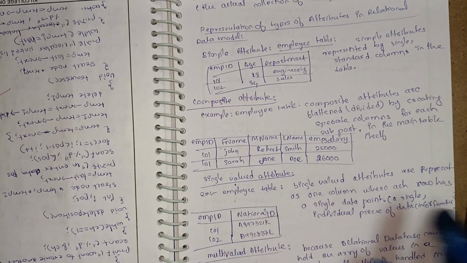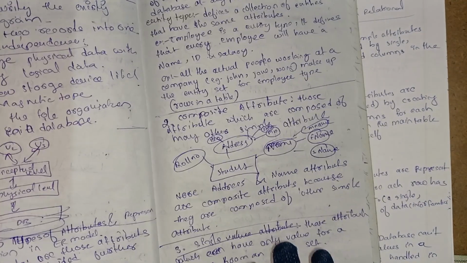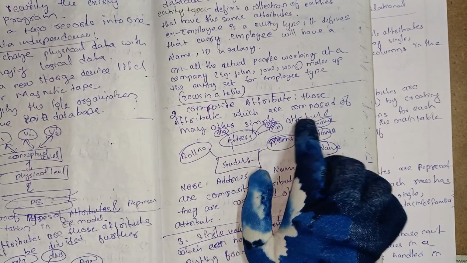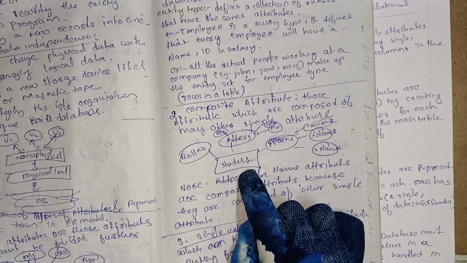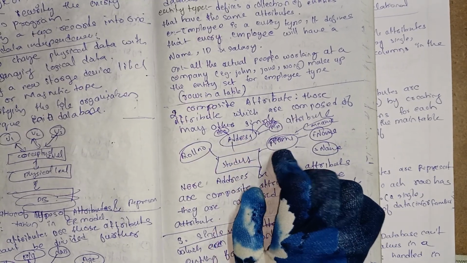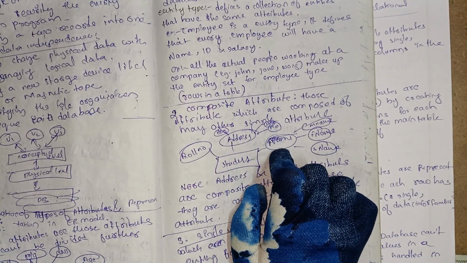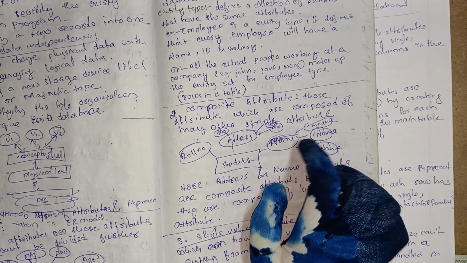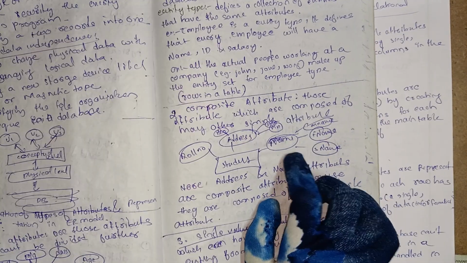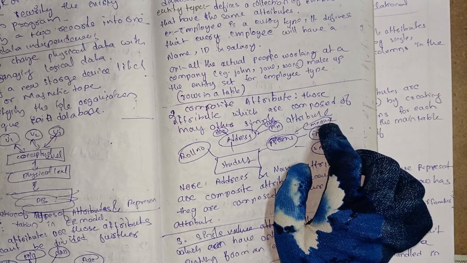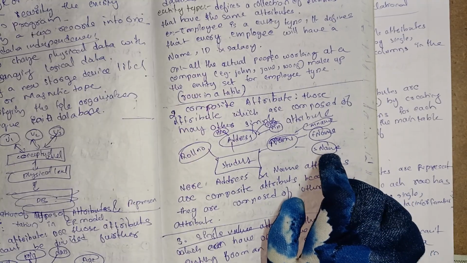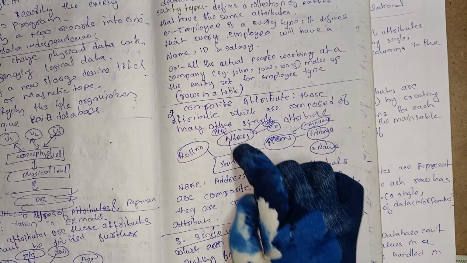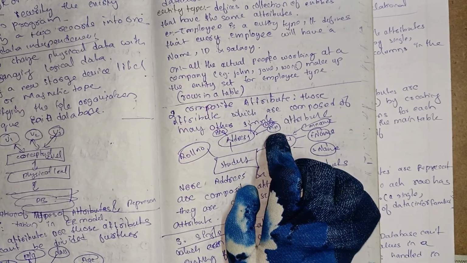Okay, and then composite attribute. Those attributes which are composed of many other simple attributes. So here student is an entity. Roll number, address and name are attributes. So these address and name attributes are further divided into simple attributes, which are first name, middle name and last name, and address is house number, street and pin.